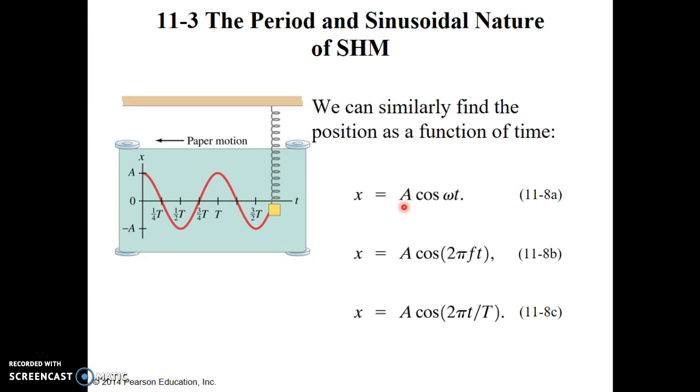The maximum position would be amplitude, and the cosine function would be omega t, where omega is your angular velocity times t would be your angle theta. Another way to write your angular velocity is 2 pi times the frequency, or since frequency is 1 over the period, you could have it a cosine 2 pi of time divided by period.